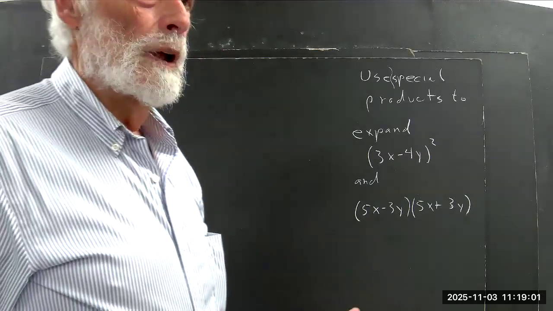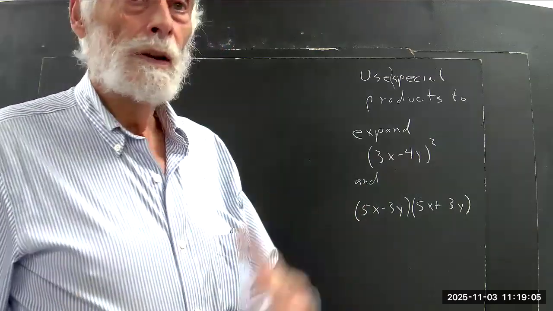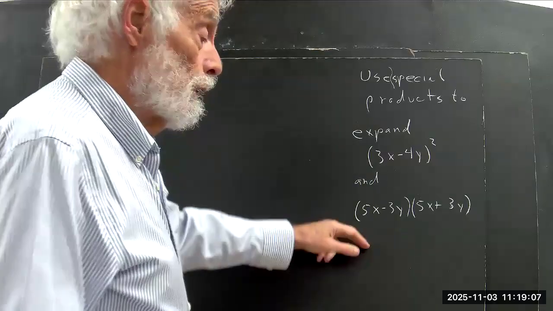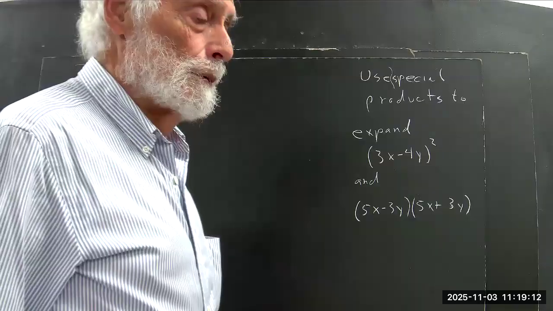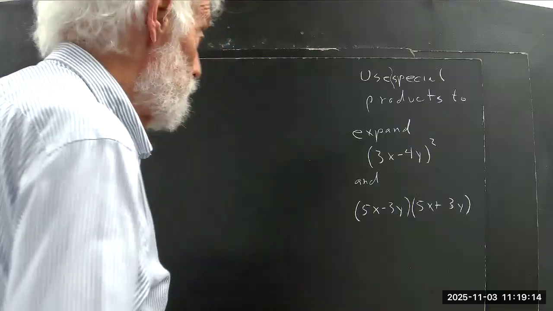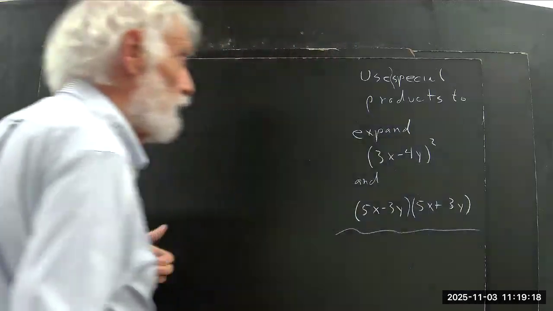When you do these problems, you should be writing out the special product on paper and connecting it with the expression. Otherwise, you're going to have some trouble with what we have to do this week. So make sure you understand what I'm talking about.